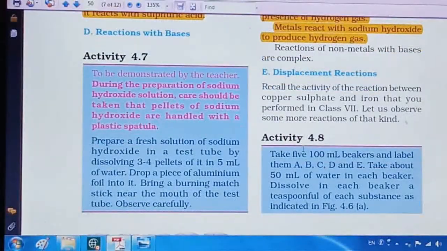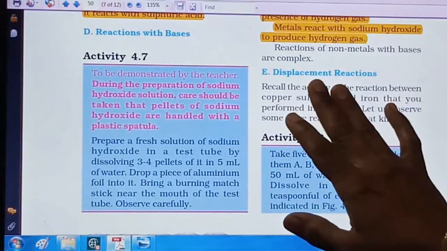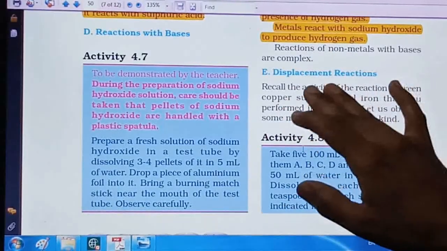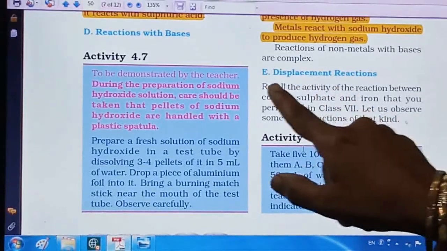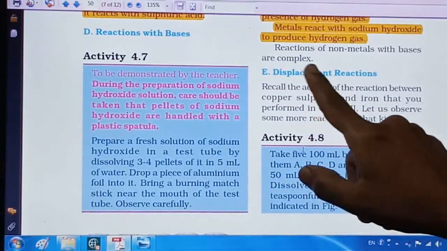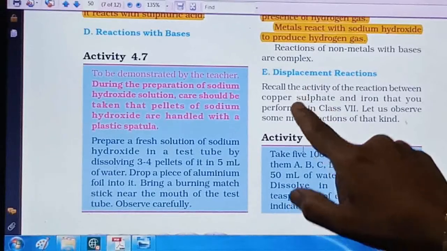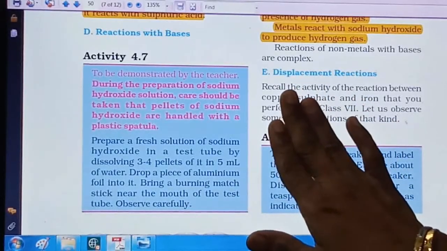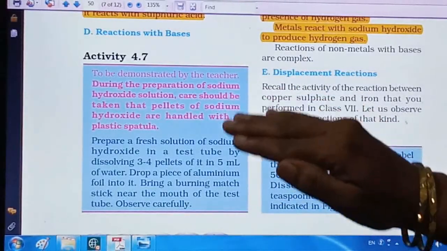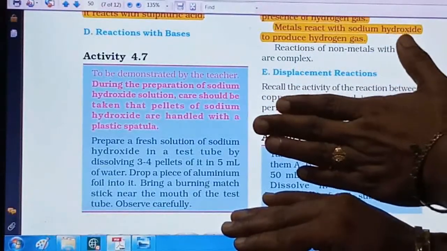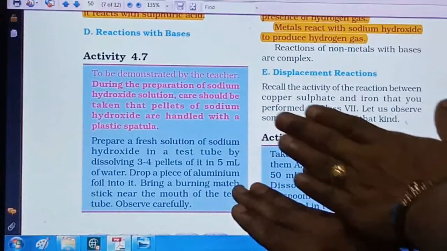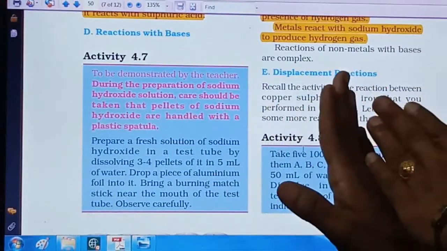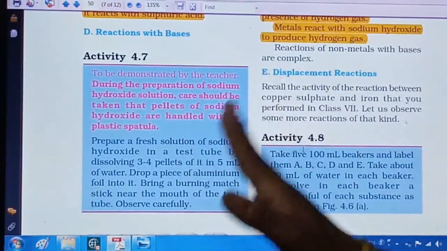Now see the next chemical property, that is the displacement reaction. Displacement is like a replacement. Suppose one of the substances is there, you just remove that substance and add someone else over there. So the earlier substance gets replaced or displaced, right?